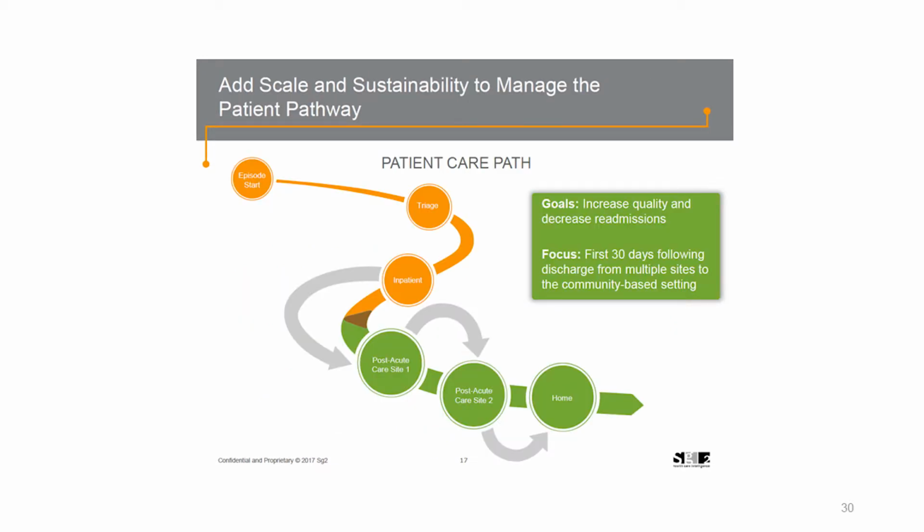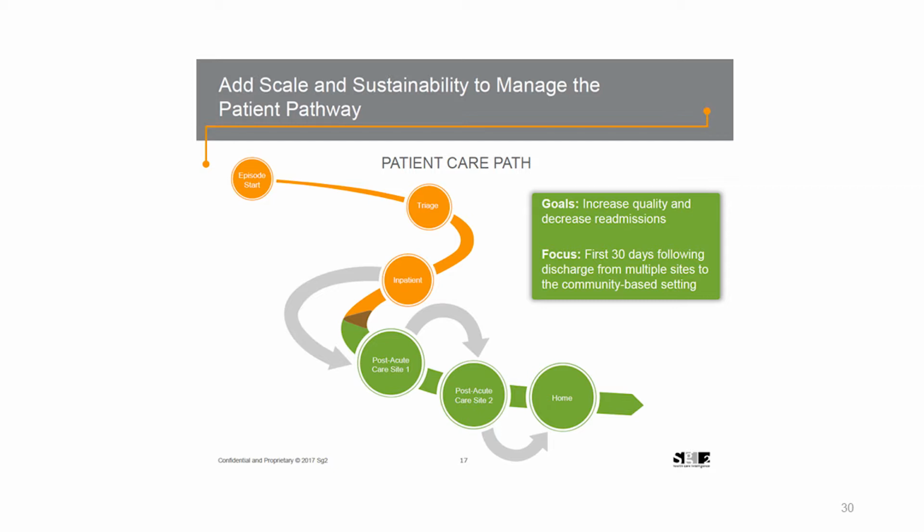Just to look at the patient care path, it's really important as we look at some of the value-based models that are coming into play. If you look at this from an episode point, there are a lot of clinical care or care pathway reimbursement models coming out that look at payment along the continuum of care. If you look at that patient care path, they go to triage, ED, urgent care, some type of setting where the patient initially comes in with a condition.